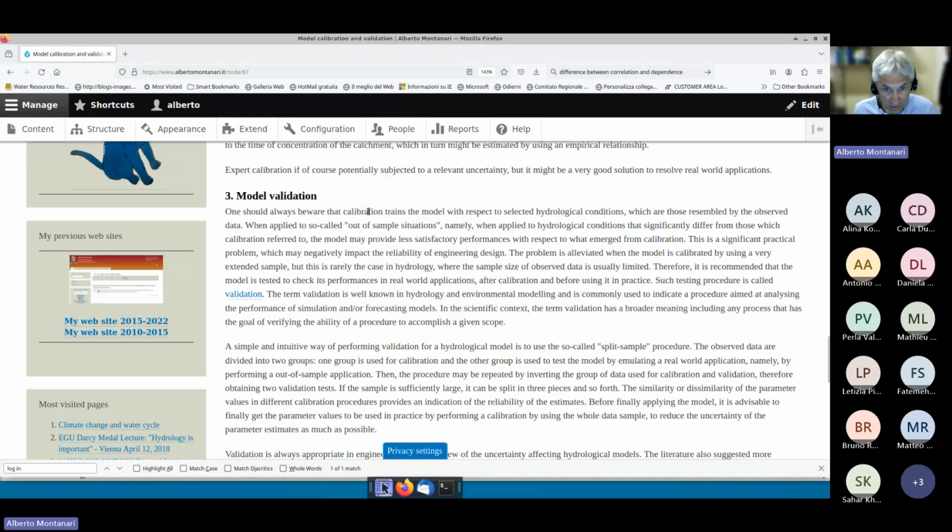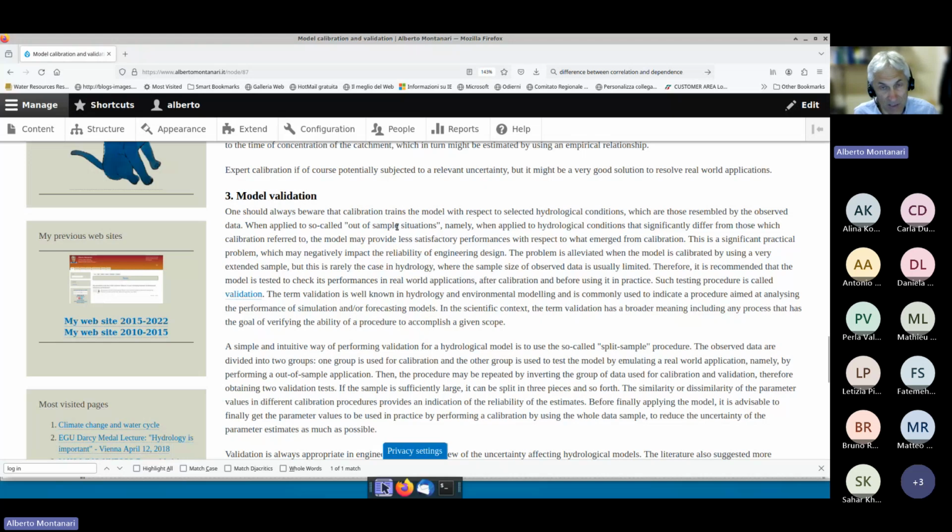So validation is something that I often ask. What is the difference between calibration and validation? I think the wording may already suggest to you the difference. Calibration is looking for the best set of model parameters. Validation is to verify this set that I found.